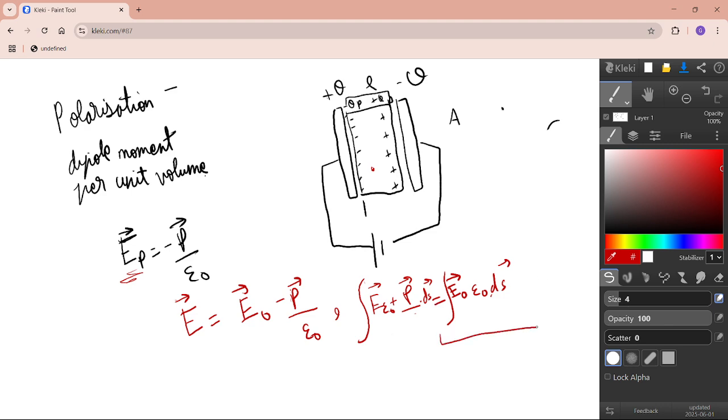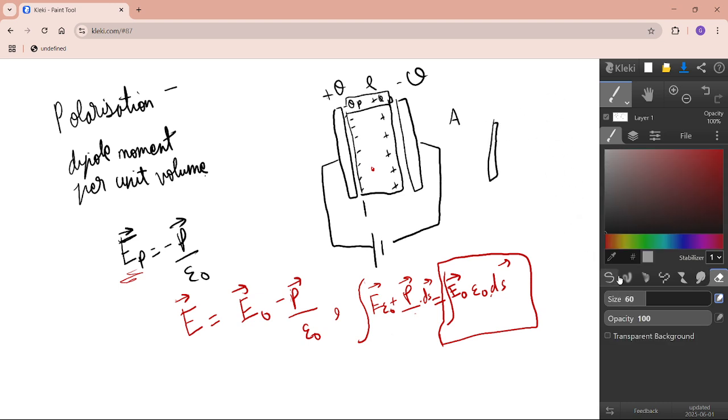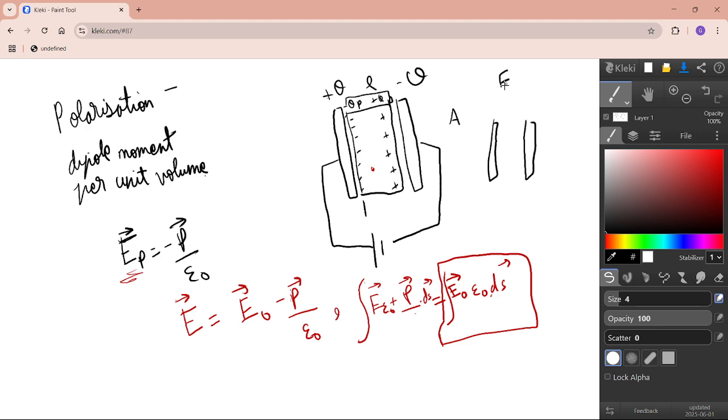How much is this value? Let's assume the dielectric wasn't there. There were just two plates with the same charges plus Q and minus Q, and they have an electric field of E naught.